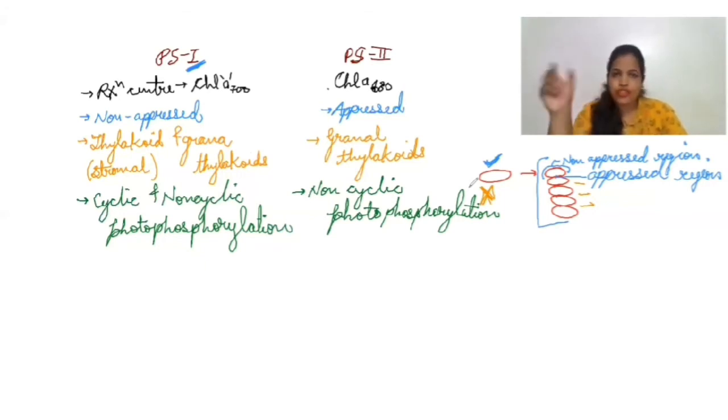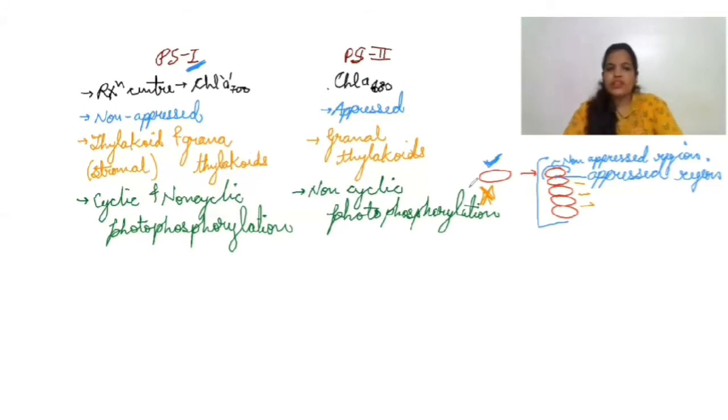So photophosphorylation means formation of ATP in the presence of light. That is seen during the light reaction. Coming to oxidative phosphorylation, a kind of ATP formation by oxidation process that we see in the chapter respiration. Clear? So I hope you won't get confused between the two terms from now.